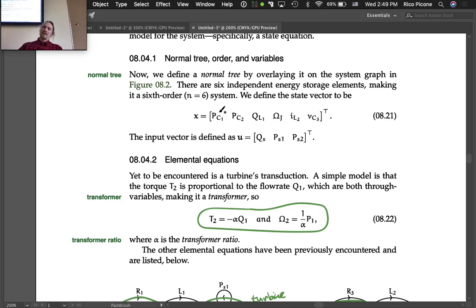So the pressure across C1, pressure across C2, flow rate through L1, the inertance, the angular velocity of the shaft of the generator, the current through the electrical side of the generator, and the voltage of capacitors. Oh yeah, that was the battery. There's a battery as well. So, and then we've got the input vector there.